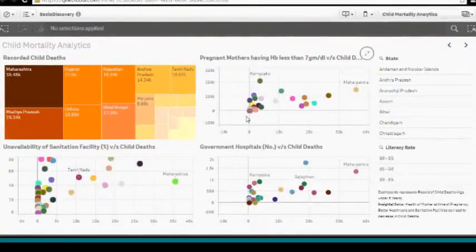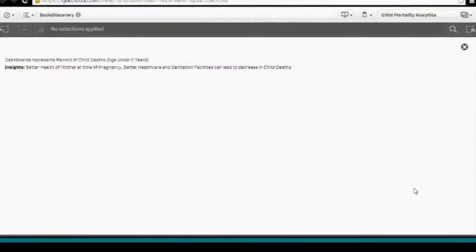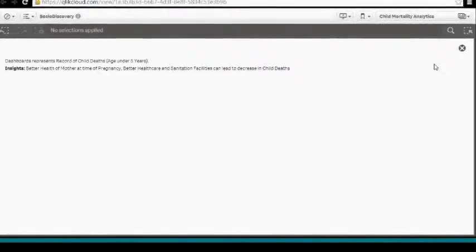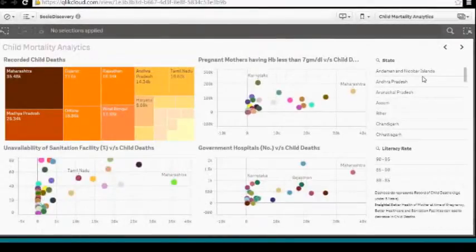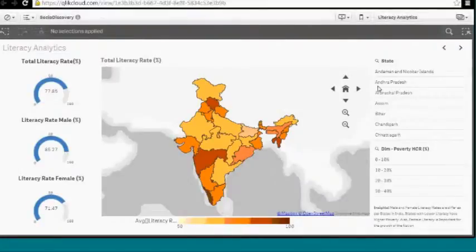As you can see, again, there is almost a direct correlation: with better health of mother at the time of pregnancy, better health care and better sanitation facilities, the child deaths would reduce.